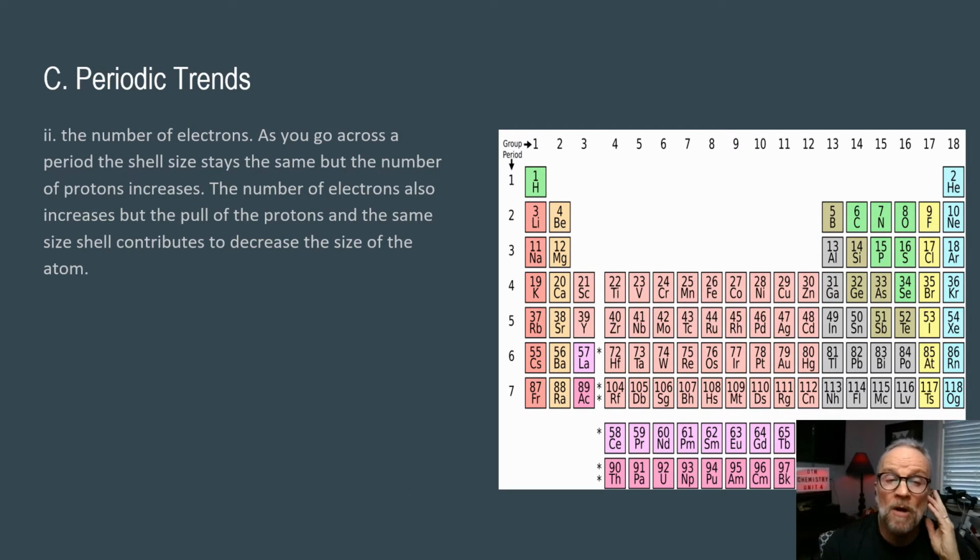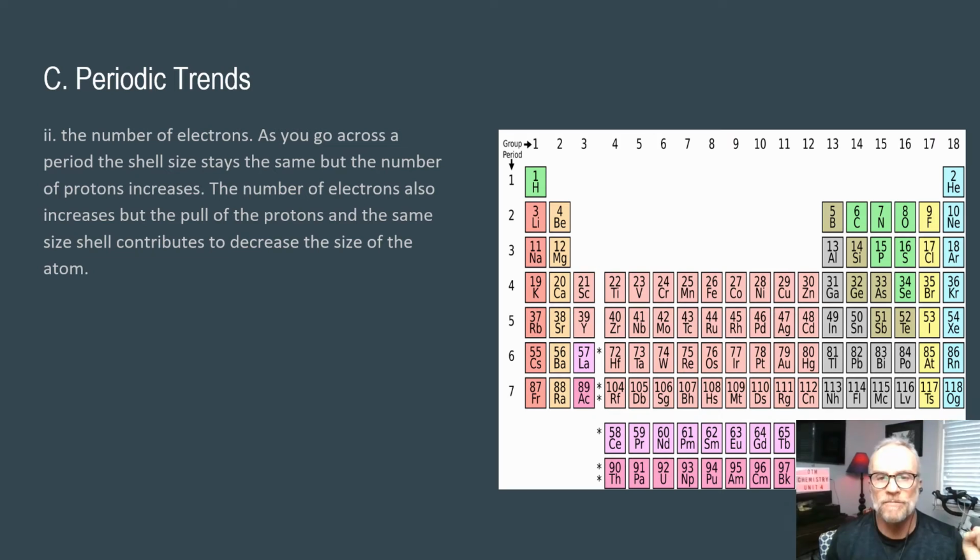So as you go across a period, the shell size stays the same, but the number of protons increases. You get more and more electrons as well, but the protons kind of dictate the size of the atom in the same size shell. So if you have a really strong nucleus with lots of protons, it's going to pull that shell in and make the atom smaller.